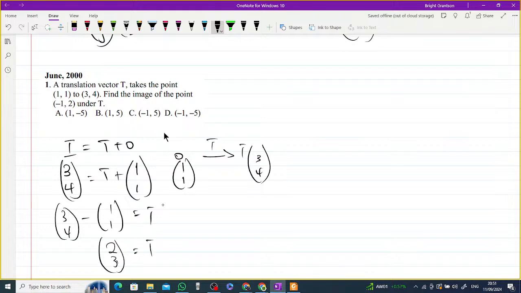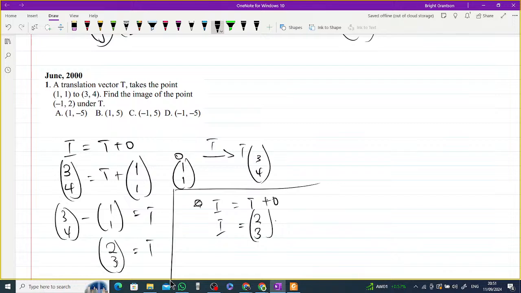Now they said find the image of the point under this one, so I equals T plus O. I want to find the image when this translation vector (2, 3) is used on the object (-1, 2). Are you okay?